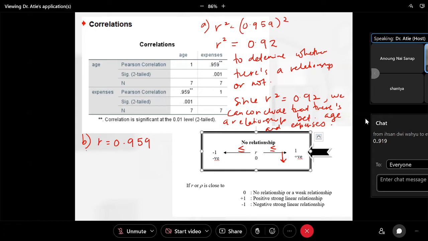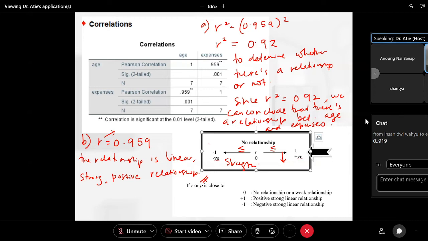The purpose of R is to tell us the strength. So the relationship is linear, strong, positive. A strong, positive relationship. This is what you can conclude for part B.